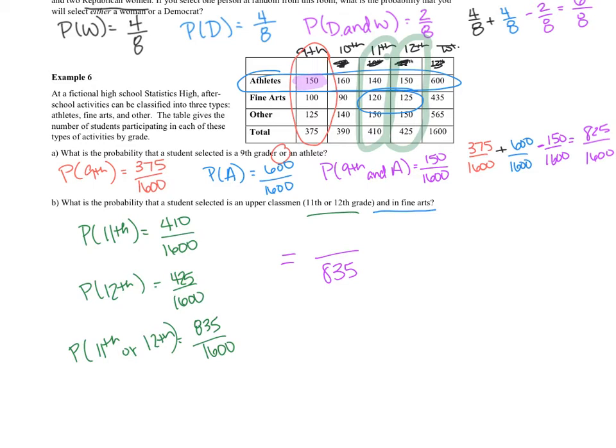And out of those 835 people, I'm further only interested in the 120 in 11th grade and the 125 in 12th grade that are in fine arts. So that's a total of 245 people. So the probability of finding somebody that's an 11th or 12th grader and in fine arts is 245 out of the 835 11th or 12th graders.